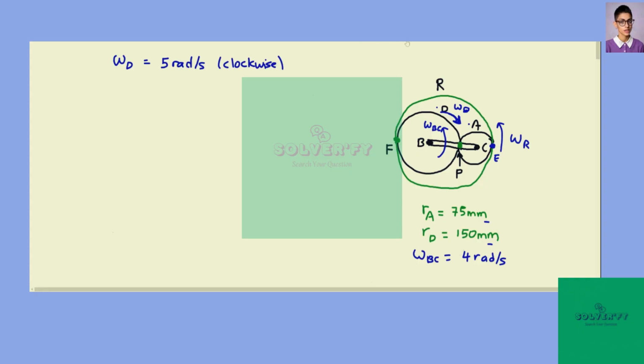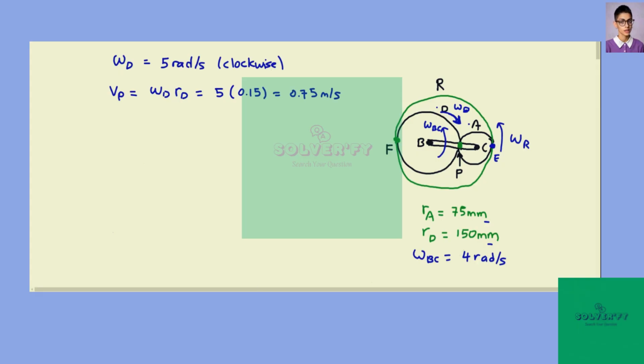Okay, so we can find Vp. Vp is omega D times Rd. This is equal to 5 times 0.15, and this is equal to 0.75 meters per second.